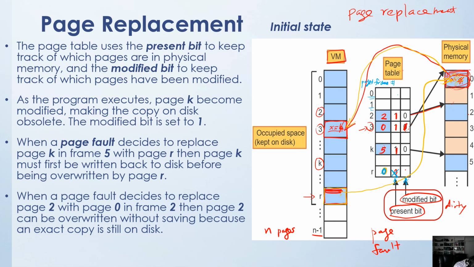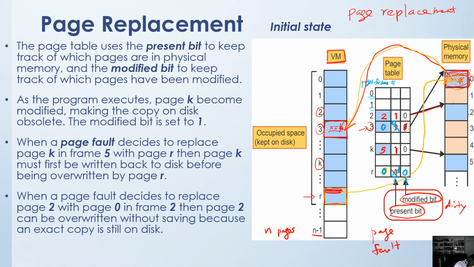Then I update this from 0 to 1. So the present bit becomes 1, and the modified bit is 0 initially once it's loaded from the virtual memory, so it's not modified. And then I update this entry. This value doesn't mean anything anymore, it's no longer valid, so I can set it back to 0.